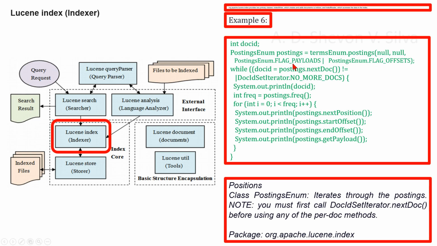The information available is controlled by flags passed to TermsEnum.postings. This PostingsEnum is in package org.apache.lucene.index.